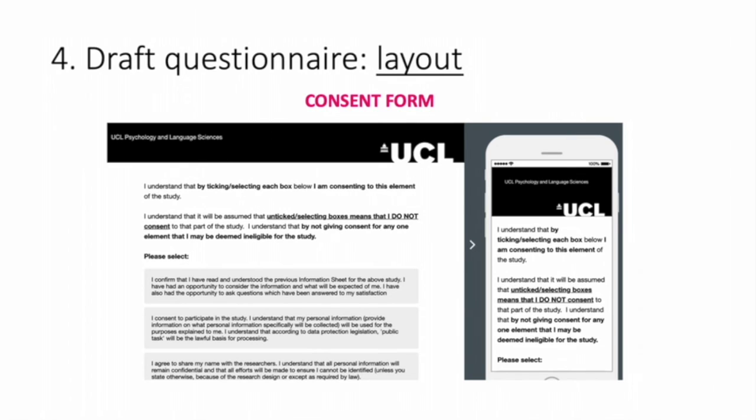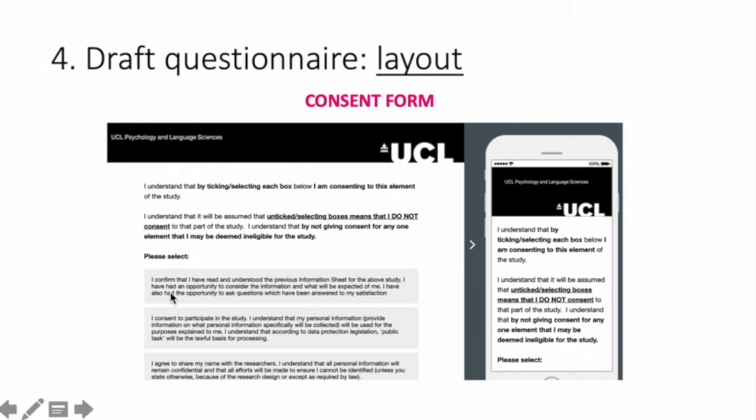So we've still not reached the questionnaire part of the questionnaire with all the questions, right? So again, this is to comply with the GDPR regulation. And we need to make sure that participants are agreeing to every single item in our consent form. So this is a long list of different items.